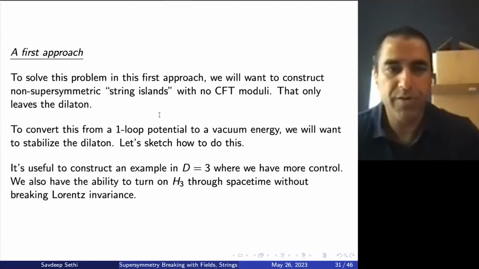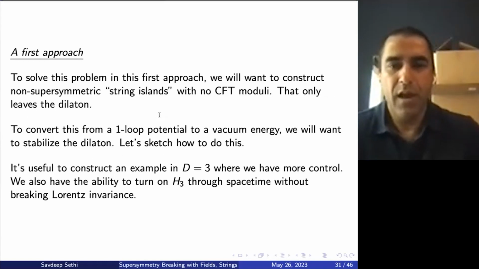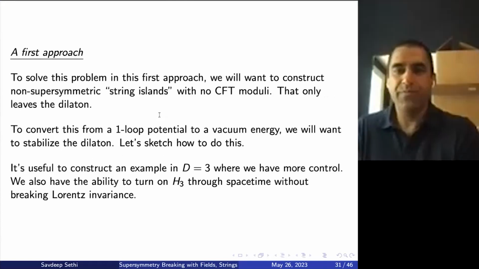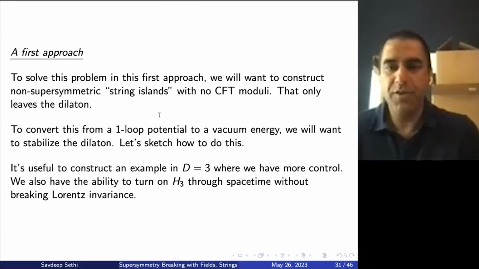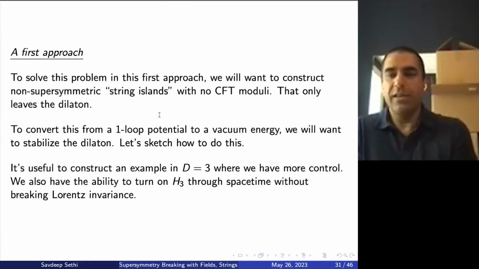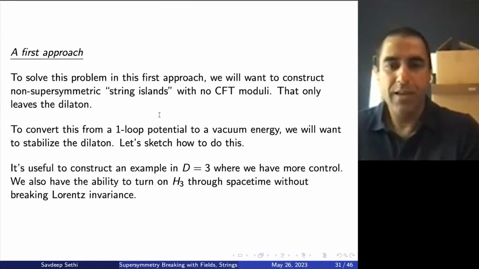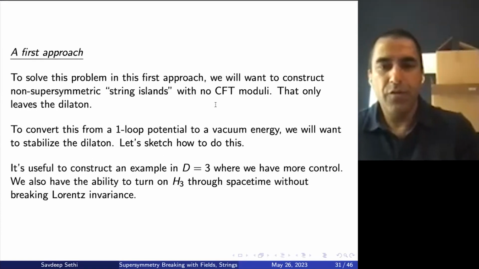As a first approach to this problem, I wanted to actually construct what we might call non-supersymmetric string islands. These will be compactifications that have no CFT moduli, which would leave only the dilaton as a modulus to worry about. And then to convert the one loop potential that would stabilize everything here to a vacuum energy, we'll want to stabilize the dilaton. And let me sketch how to do this.